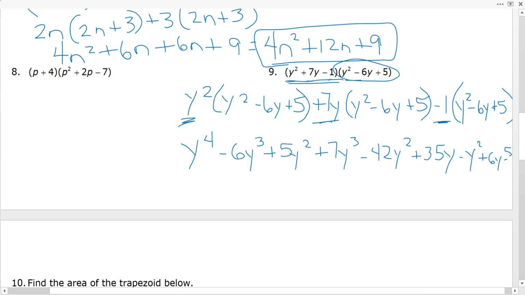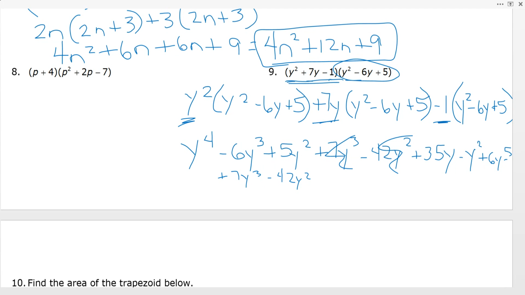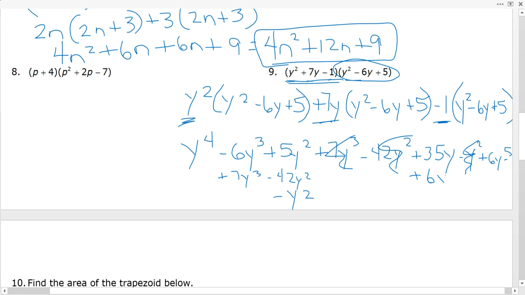Okay, so my 7y to the 3rd power ends up here. My minus 42y squared is here. My 35y is by itself so far. And then here's a minus y squared. And then here's a plus 6y. And then I have a 5.